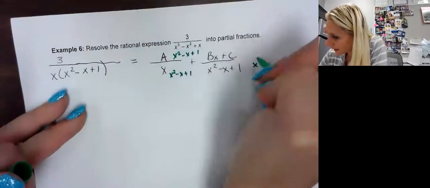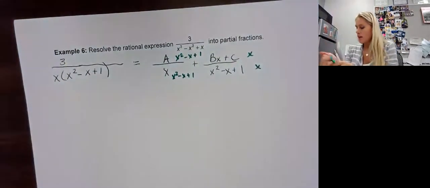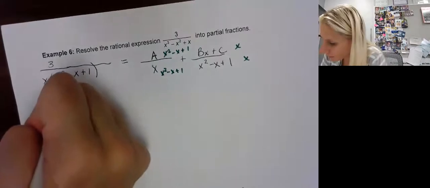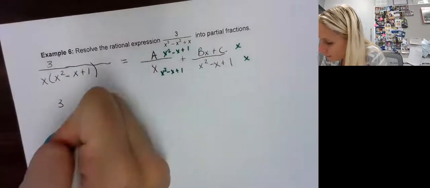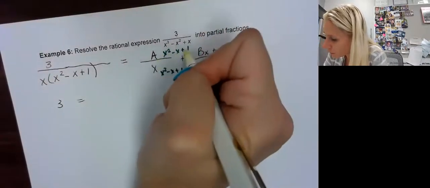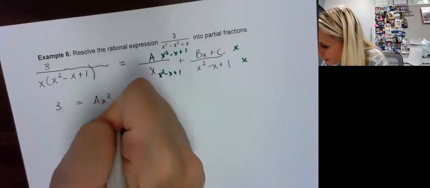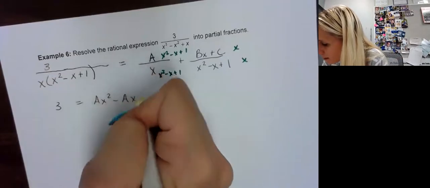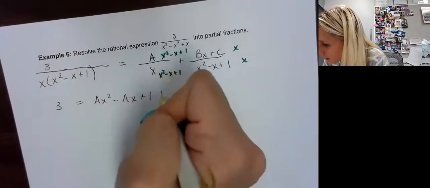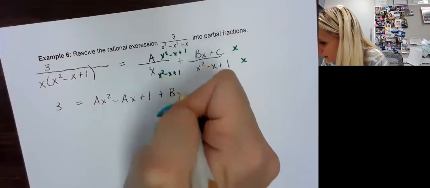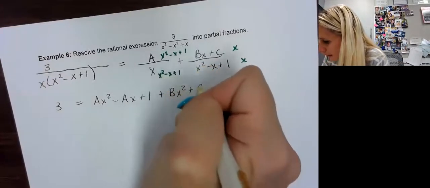Here I'm missing an x. Okay, in this case, it might be easier for me just to distribute as I'm writing down. So I get 3 equals, and I'm going to distribute the a out there. So ax squared minus ax plus a, plus, and then I'm going to distribute that x out. So that's bx squared plus cx.